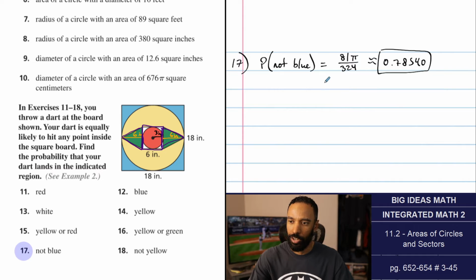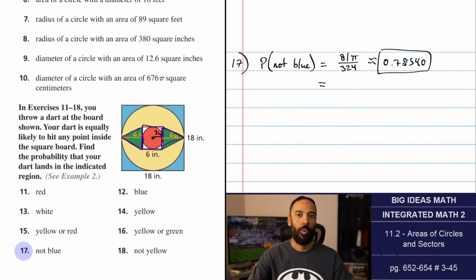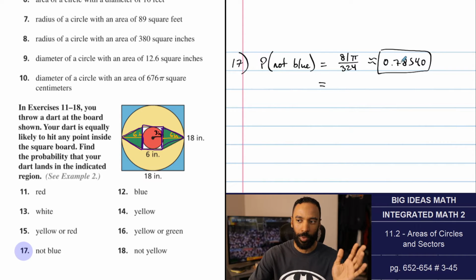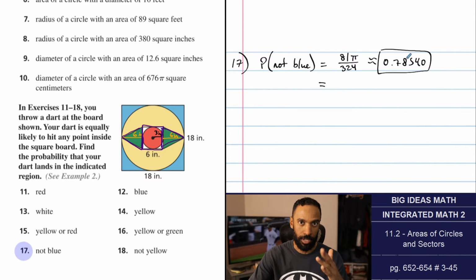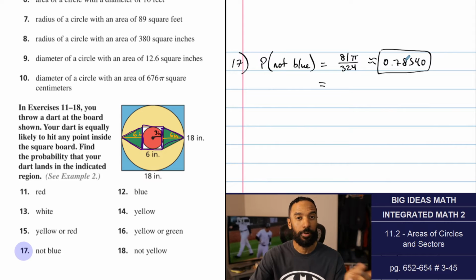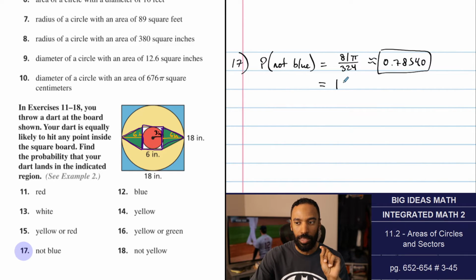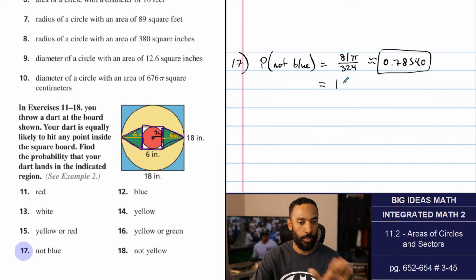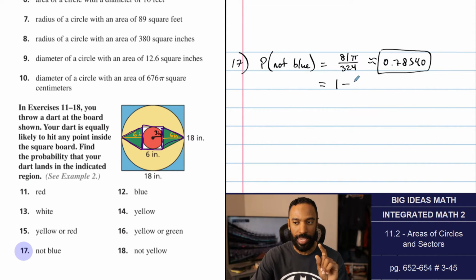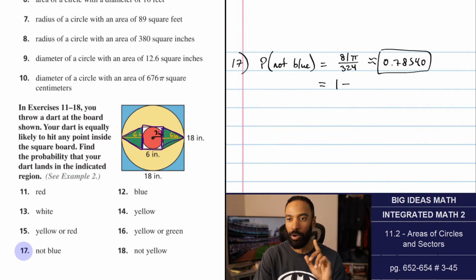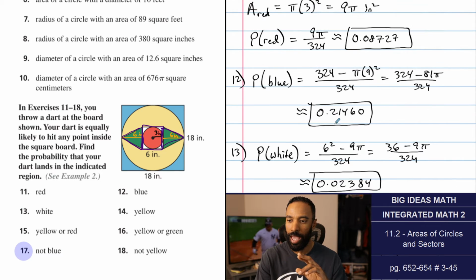Another option could have been doing, remember, one it was 0.78 or whatever, 78%. You'd have to shift the decimal 2 places over. 100% is the number 1. If an answer is ever 1, that means 100% for the stuff. If I take 100% of what we have, the whole square, and take out the blue that we saw before, probability of not blue is 100% of everything minus the blue, and we have the blue as 0.21460.